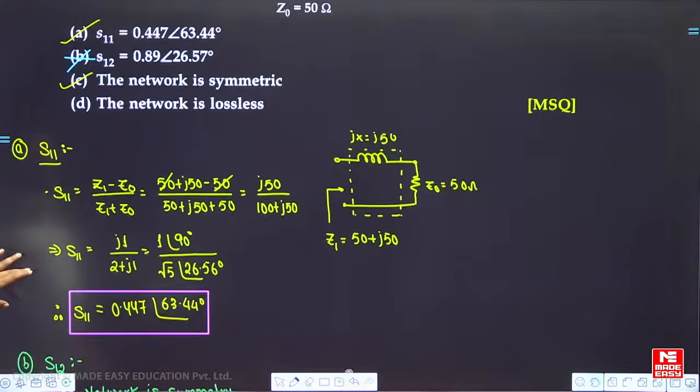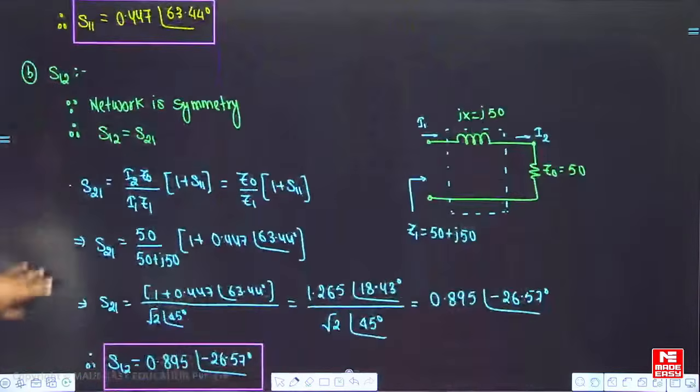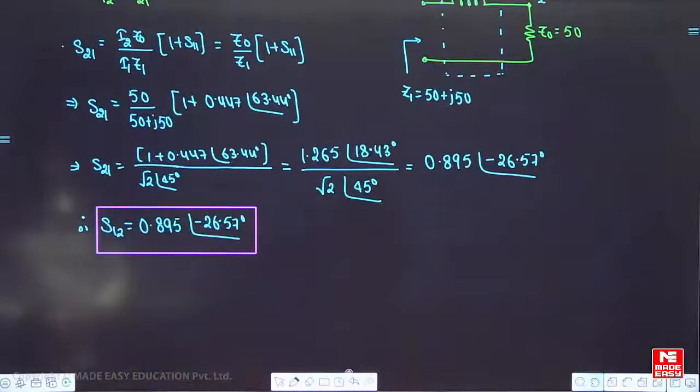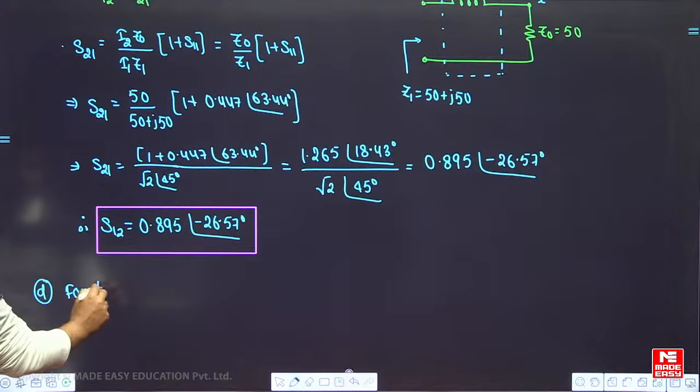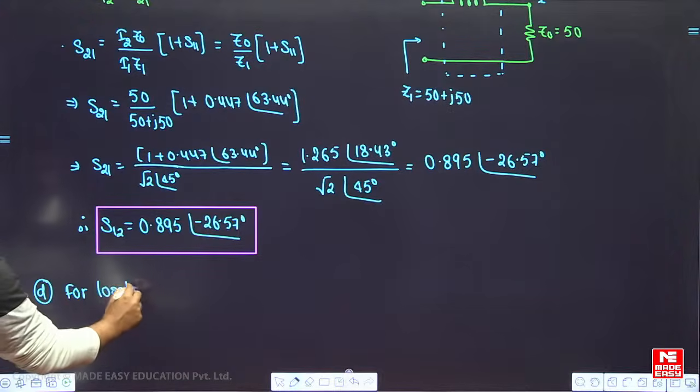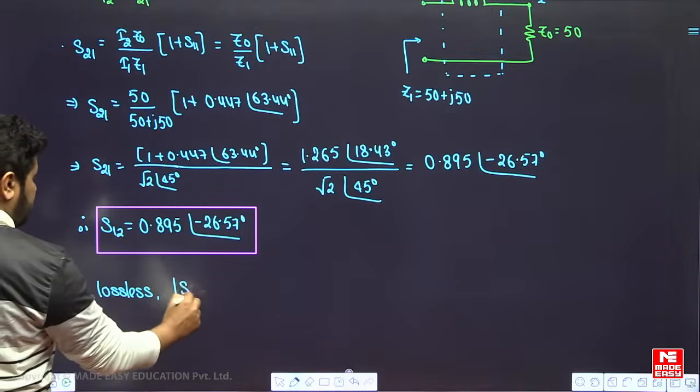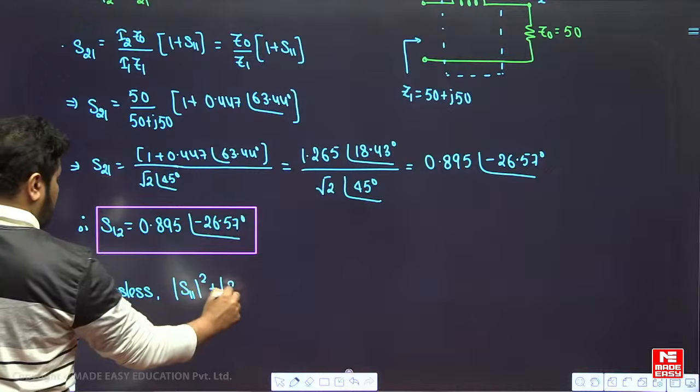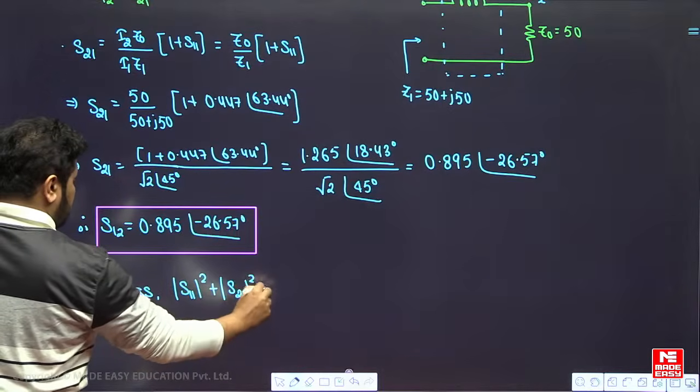Fine. Option D, network is lossless. We know that for lossless, mod of S11 whole square plus mod of S21 whole square should be equal to 1.